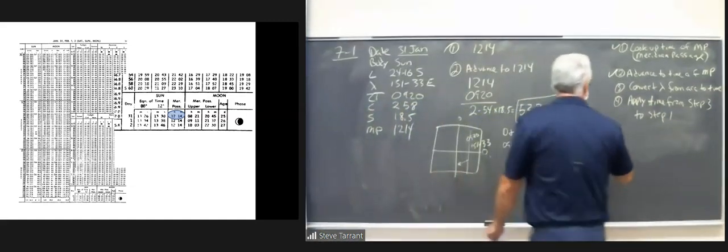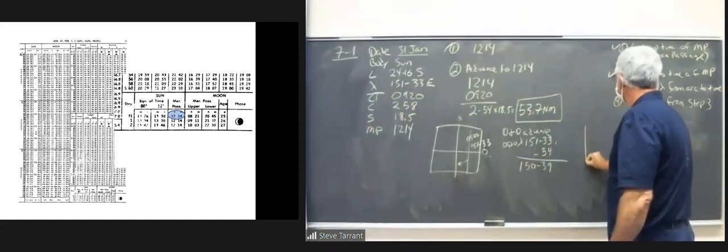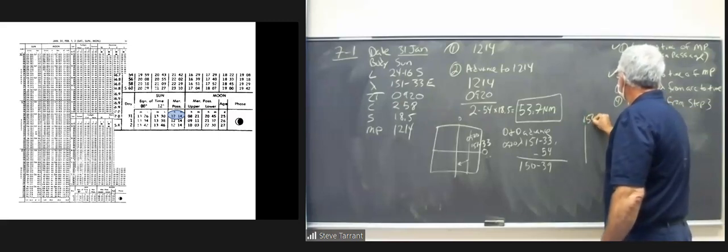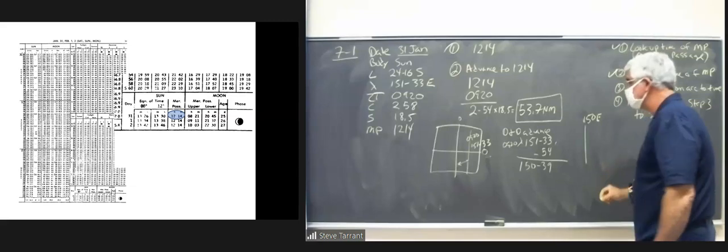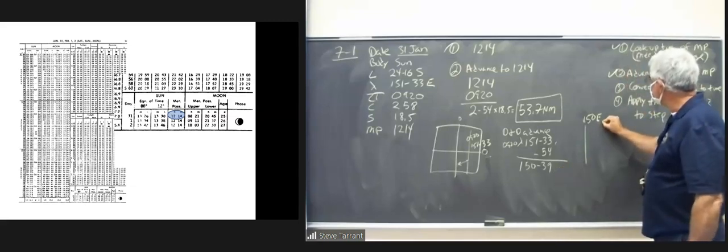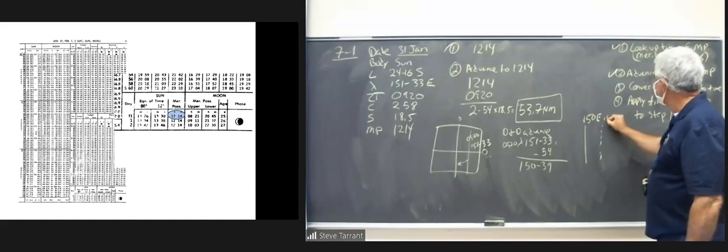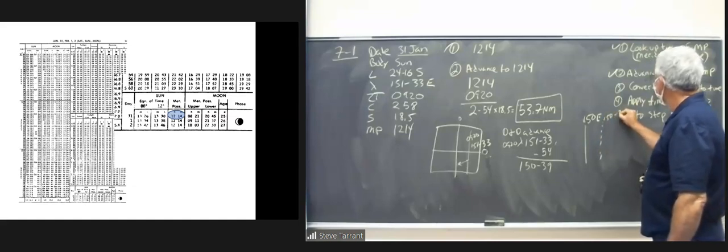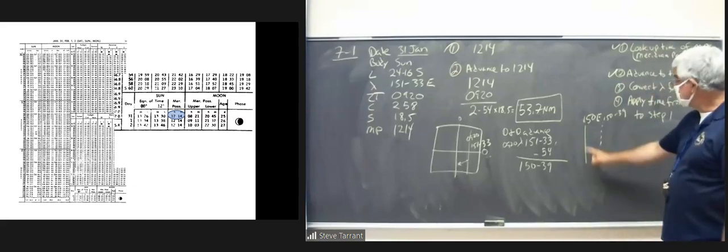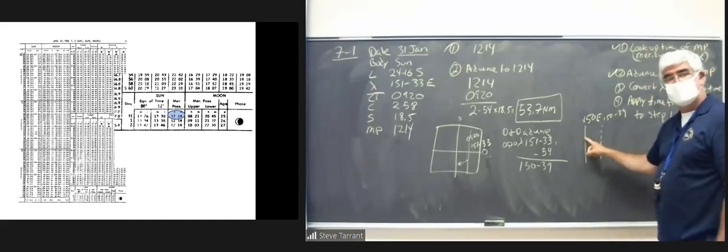Let's do this. Okay? 150 east. And where are we going to be? We're going to be 150.39. Okay? So my central meridian is 150.